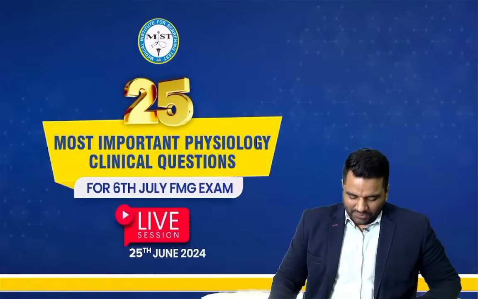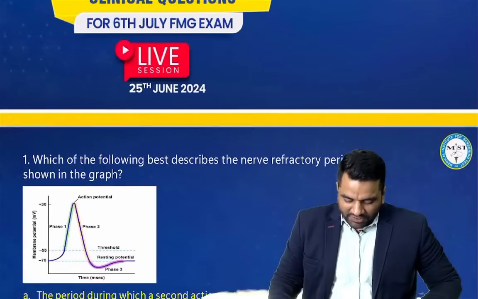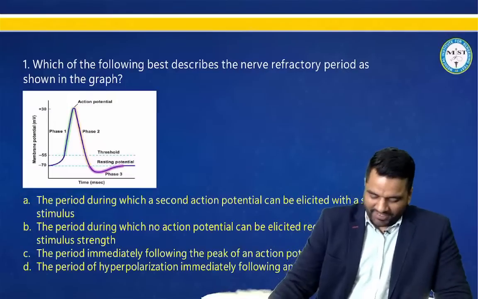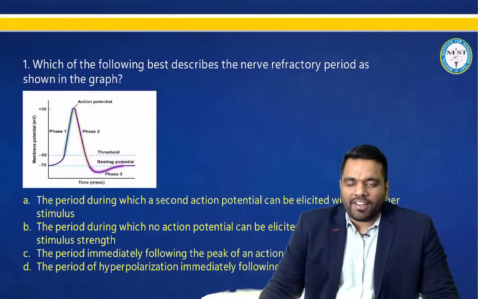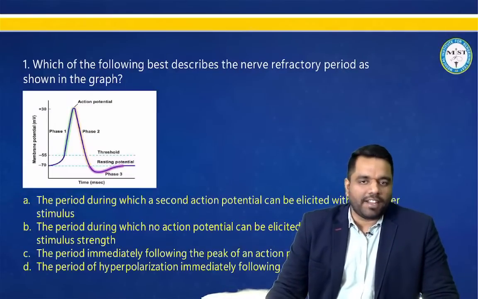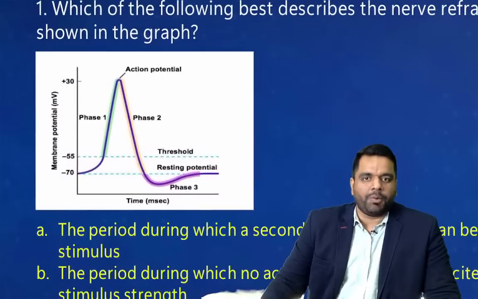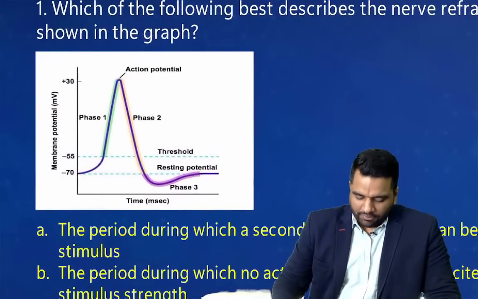Here is the first question on your screen. Which of the following best describes the nerve refractory period as shown in the graph? I am going to zoom in a little on the graph.